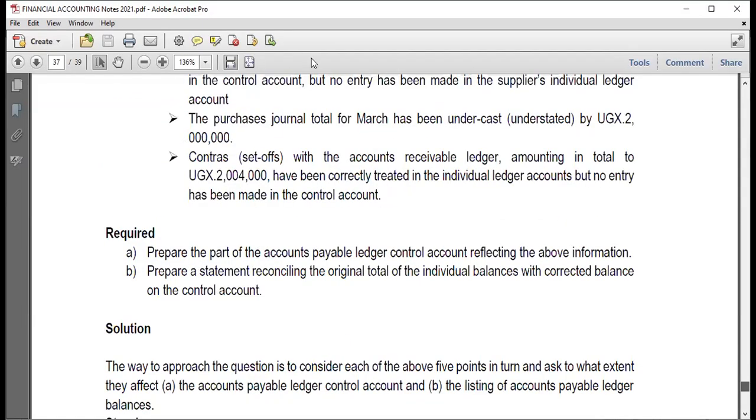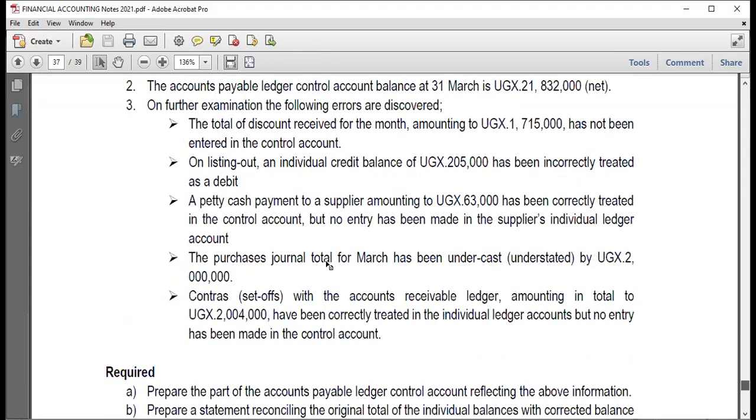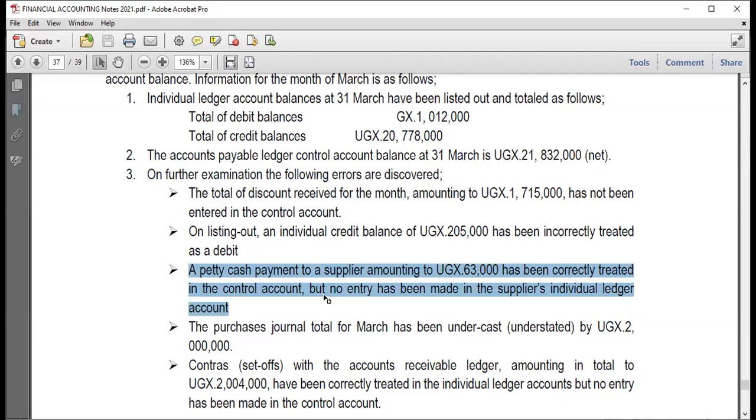The next one says a petty cash payment to a supplier amounting to 63,000 had been correctly treated in the control account, but no entry had been made in the supplier's individual account. So ours is to see, are we adjusting the control account?